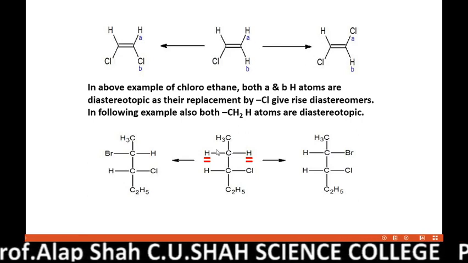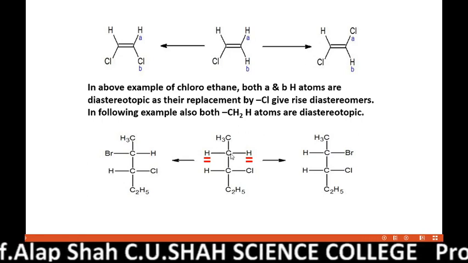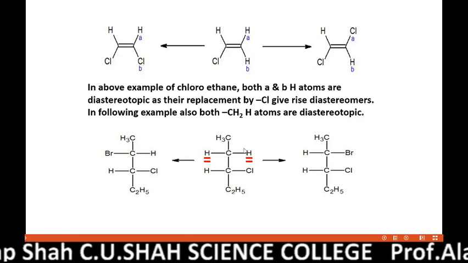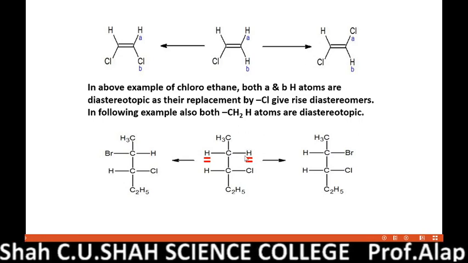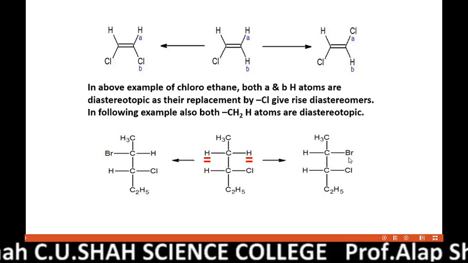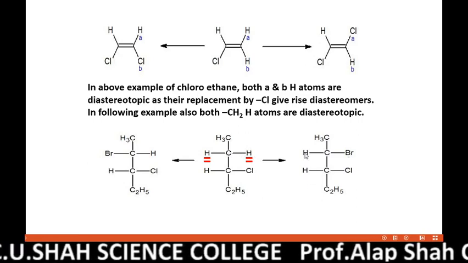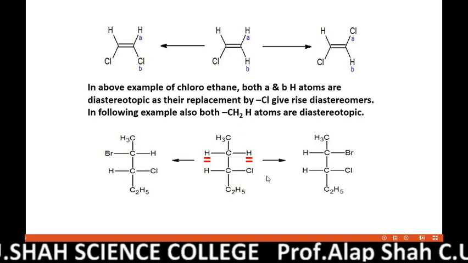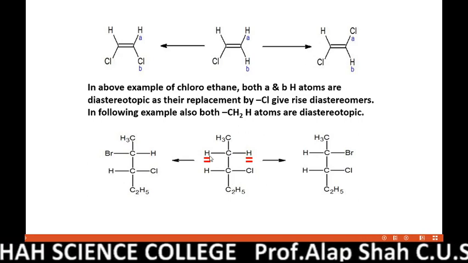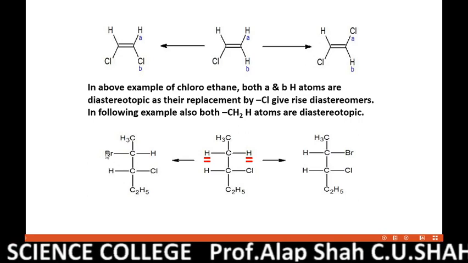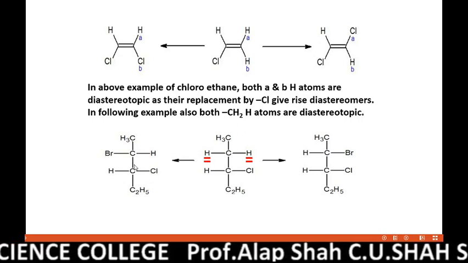One more example would make it clearer. Here you can see these two hydrogens. If one time we replace this by bromo, we get this structure. See, two hydrogens are at an erythro position, or on the same side. When this one is displaced by a bromo group, we get the isomer in which chloro and bromo are relatively trans.